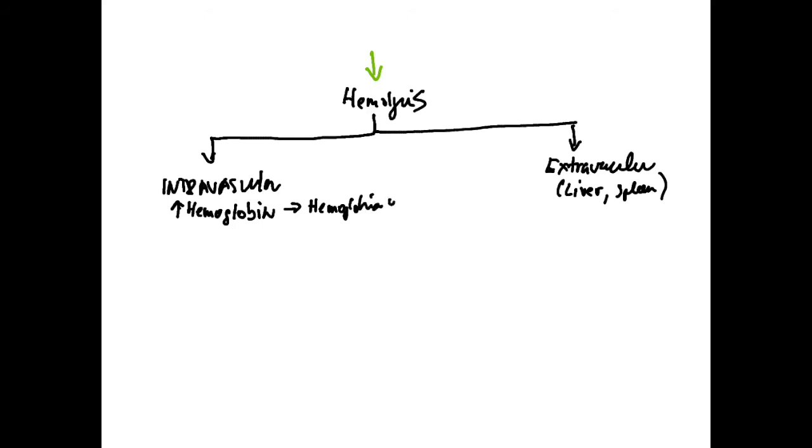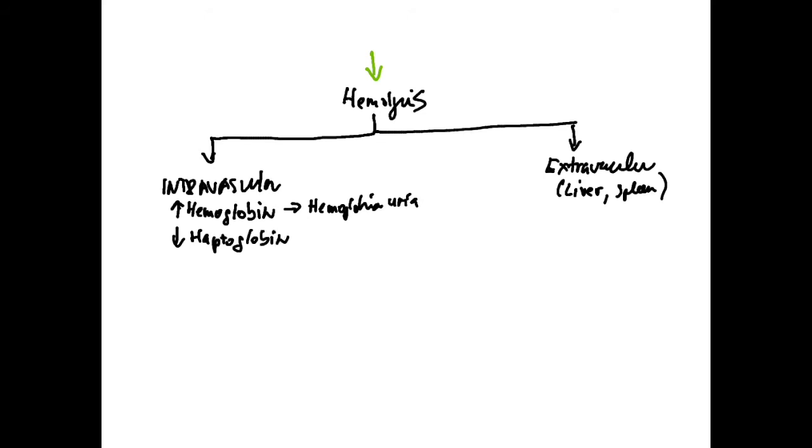Hemoglobinuria. Watch out, hemoglobin can get into the urine. Not unconjugated bilirubin, but hemoglobin will get there. And because there's lots of hemoglobin, we have a molecule in the blood which tries to catch the hemoglobin, and it's called haptoglobin, and that's going to be consumed. So haptoglobin is going to be rather decreased.